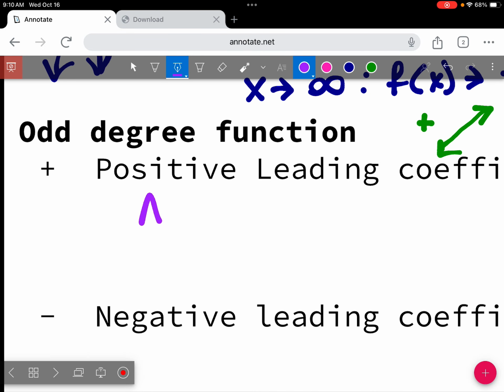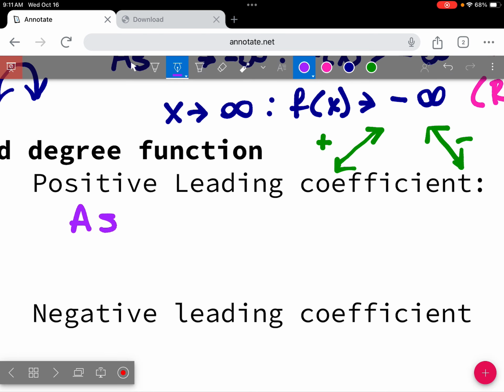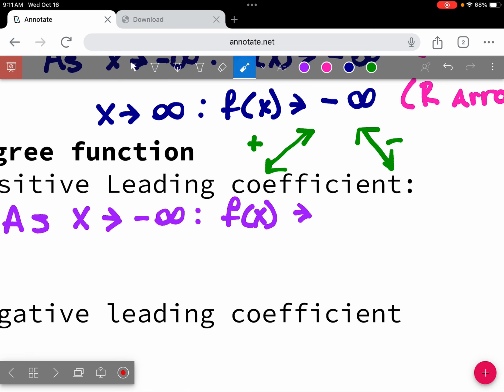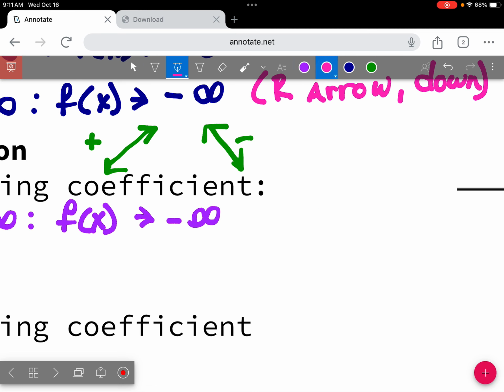we say as x approaches negative infinity, my f of x, or my function, approaches, it's going to go down on the left-hand side on this one. So it's going to approach negative infinity. That's my left arrow points down.